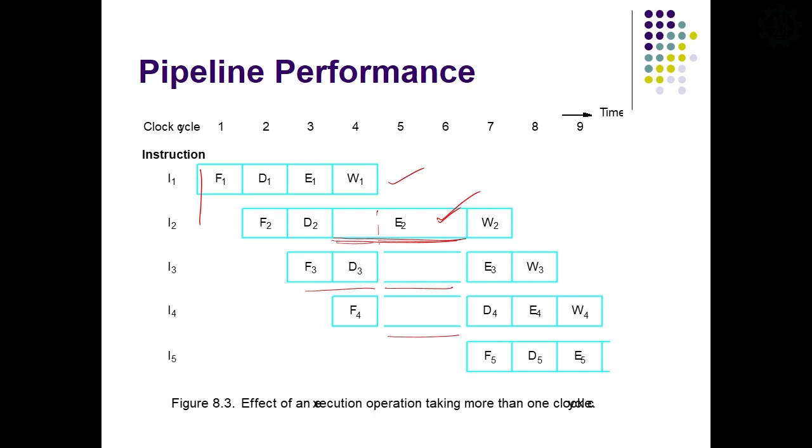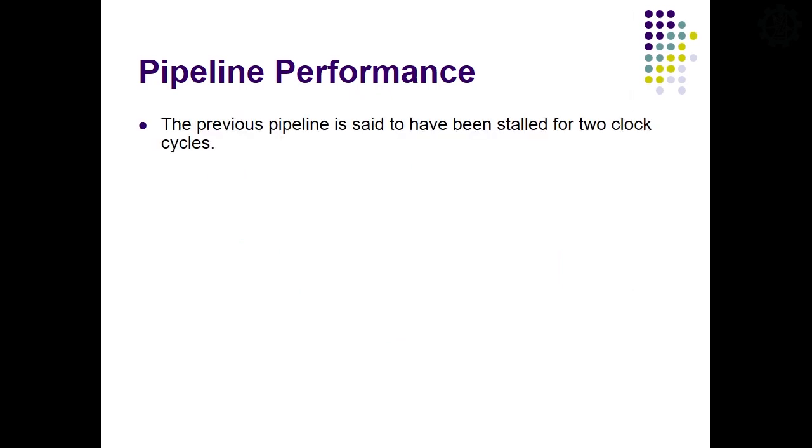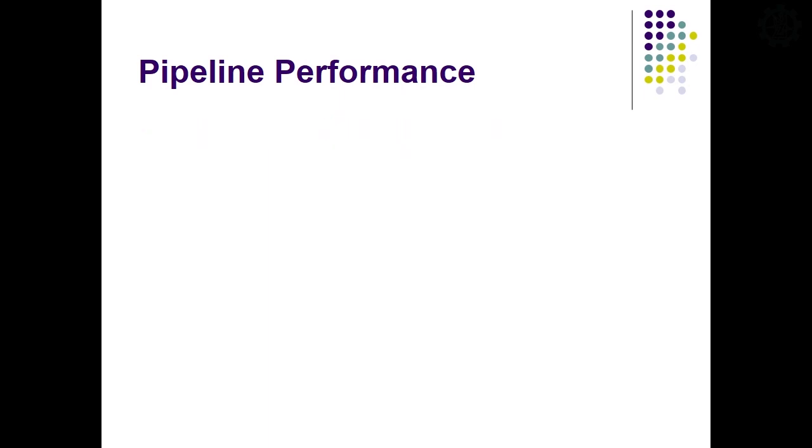And then another thing is something called data hazard. These are called hazards because the pipeline stalls for some reason, and there are 3 types of hazard. Here, the previous pipeline is said to have been stalled for 2 clock cycles, as you have seen.